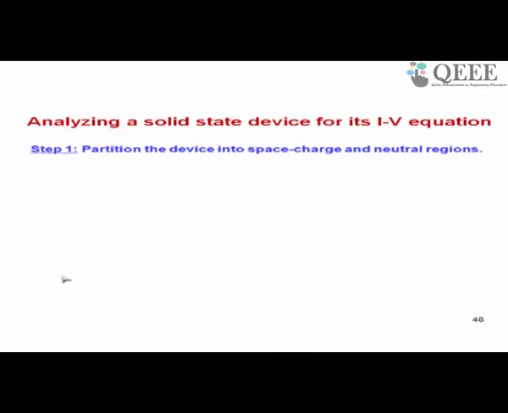Now the first step for analyzing a solid state device is to partition the device into space, charge and neutral regions. Any device, you take a PN junction, a bipolar transistor, a field effect transistor, any device you want to analyze its operation. What are the steps in which you should go about? That is what we are discussing, a general approach. You must partition the device into space, charge and neutral regions.